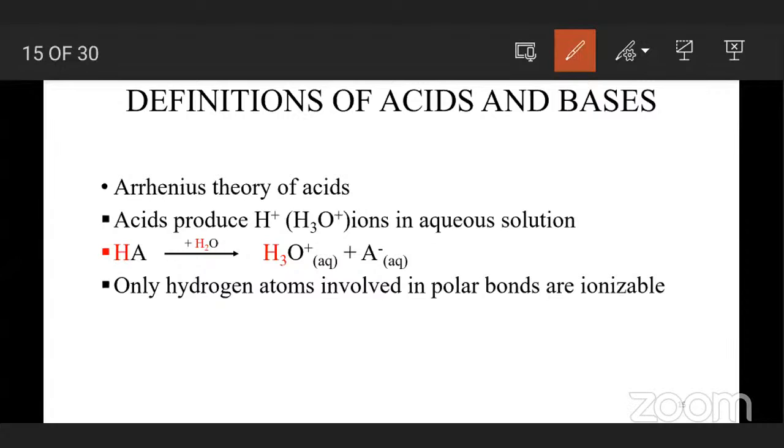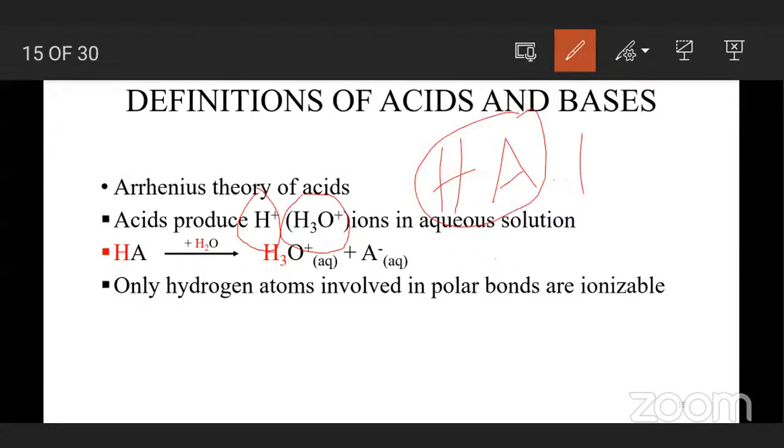An acid is a substance that can produce hydrogen ions, or maybe you call them hydronium ions, in aqueous solution. That is, say the acid is HA.